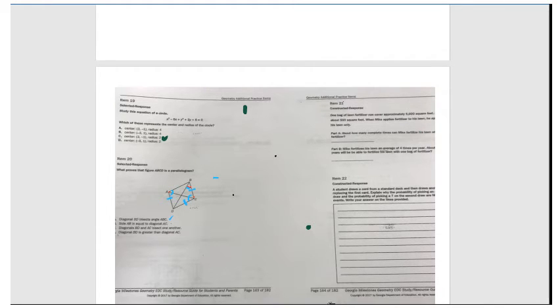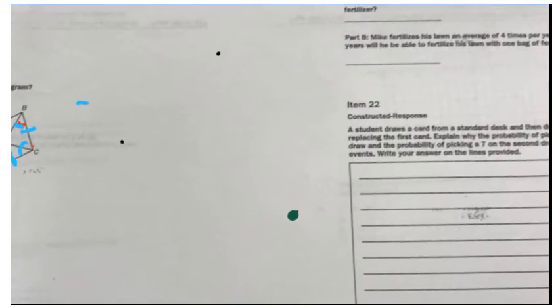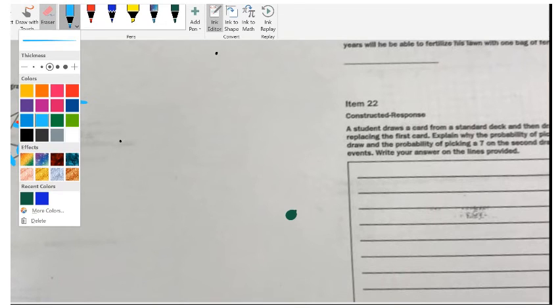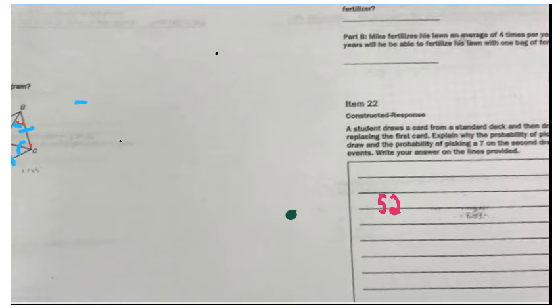This is more geometry. All right. This is like the more logic that we're going to use. So this is probability. It says a student draws a card from a standard deck and then I think it says does not replace it. So if you do not replace that card, they are not going to be mutually exclusive, which means when you draw a card out of the deck and you don't replace it, your probability goes from a total of 52.